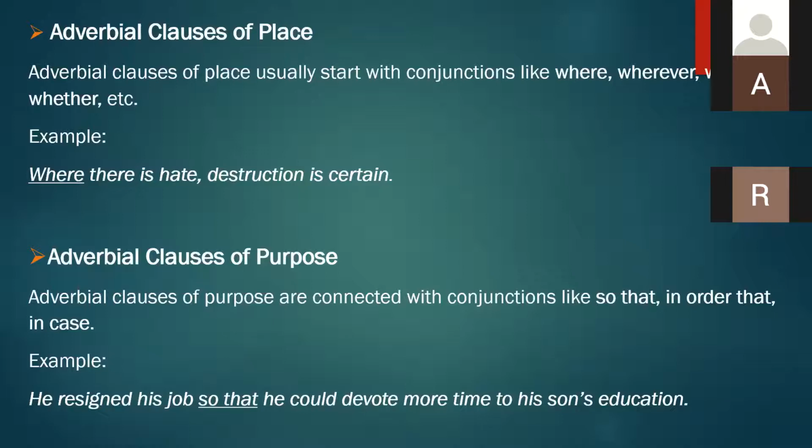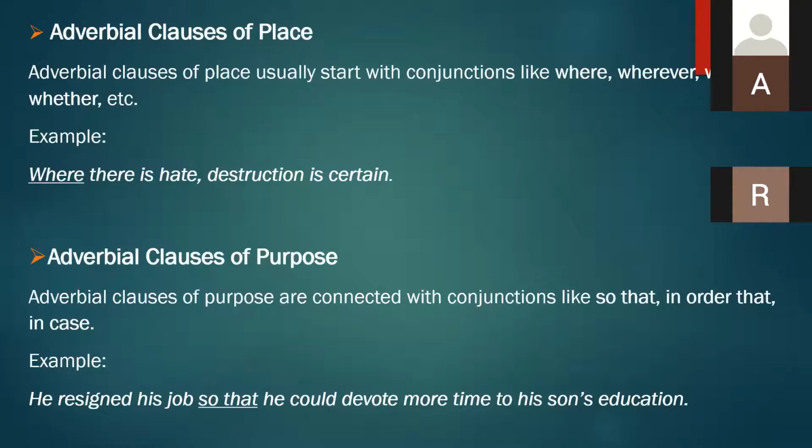Next, we have adverbial clauses of purpose. Adverbial clauses of purpose are connected with conjunctions like so that, in order that, in case, etc. For example, he resigned his job so that he could devote more time to his son's education.